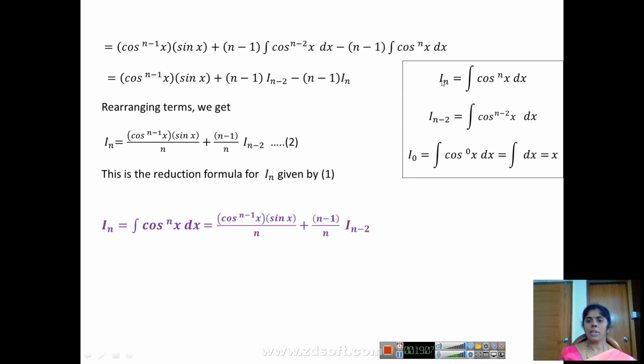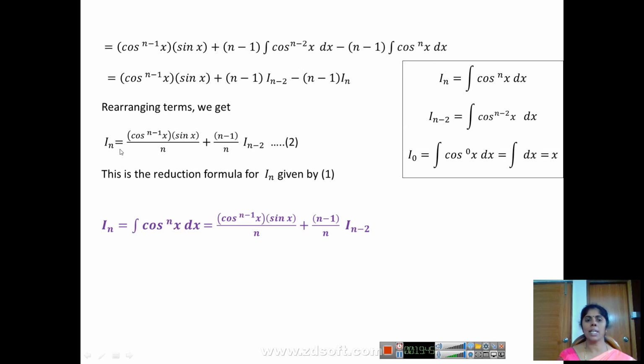As we have considered In equals the integral of cos to the power n of x dx, the integral of cos to the power n minus 2 can be denoted as In minus 2. So In equals cos to the power n minus 1 of x into sin x, plus n minus 1 into In minus 2, minus n minus 1 into In. Transpose this complete term to the RHS and simplify.